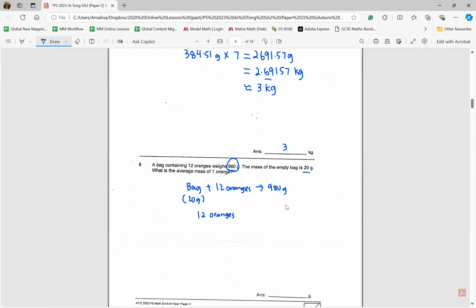So 12 oranges will be 980 minus my 20 grams. So this gives us 960 grams. Let's find the mass of one orange, the average mass. So 960 divided by 12. This will give us 80 grams. So that's the answer for question number 5.